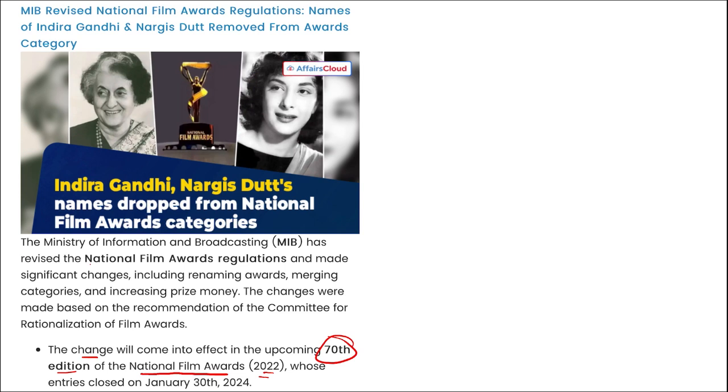And the new award that is formed has been named as the Best Feature Film Promoting National, Social and Environmental Values. So there has been some name changes also, some increase in the prize money also, correct? Merging of categories also was seen here, correct? So these are some changes in the National Film Awards that were observed by MIB recently.